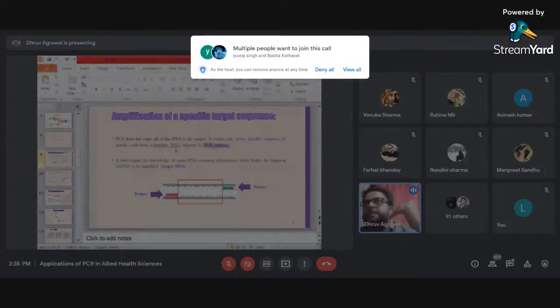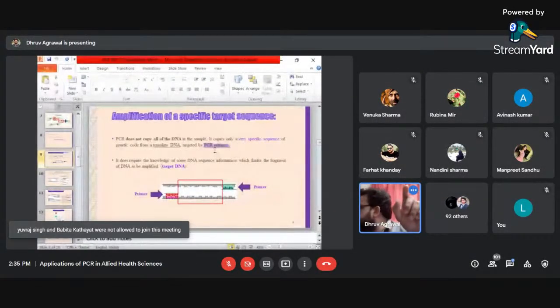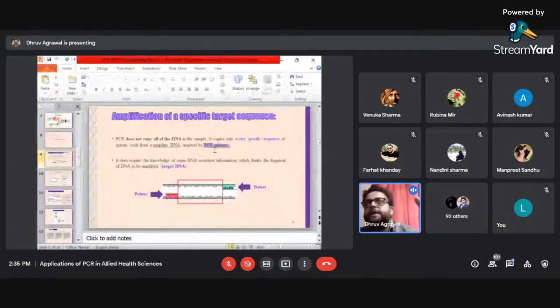That specific sequence is referred to as the template DNA, right? And this template DNA is targeted by the PCR primers. The PCR primers are basically artificially synthesized small nucleotide sequences which are used to initiate the synthesis of artificial DNA. So here basically we are artificially synthesizing the DNA, multiple copies, right?